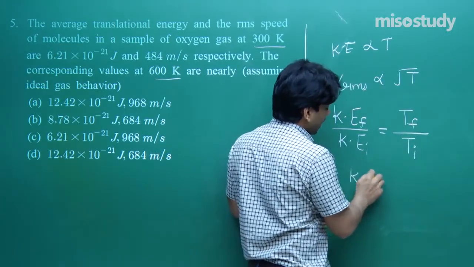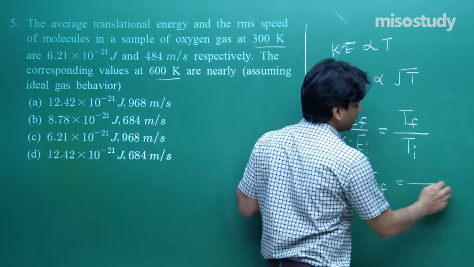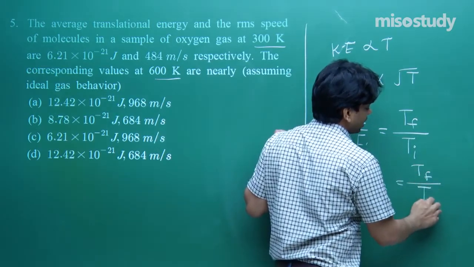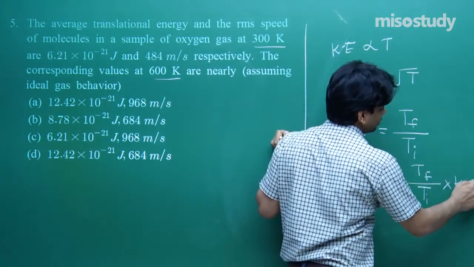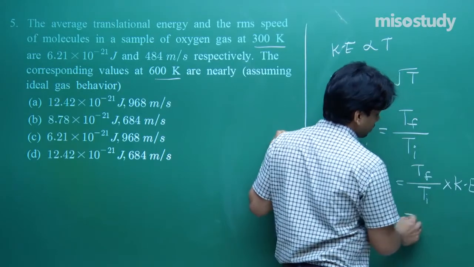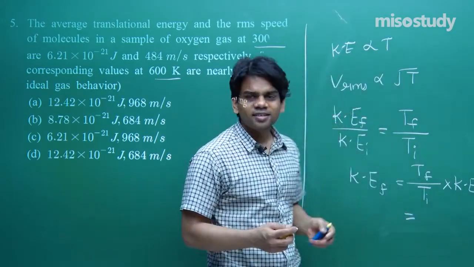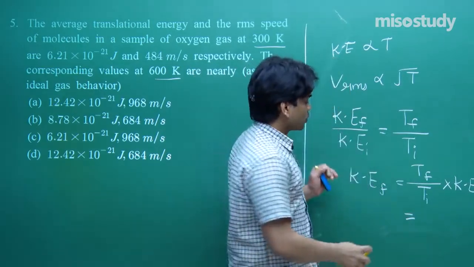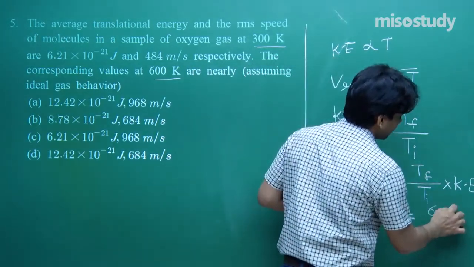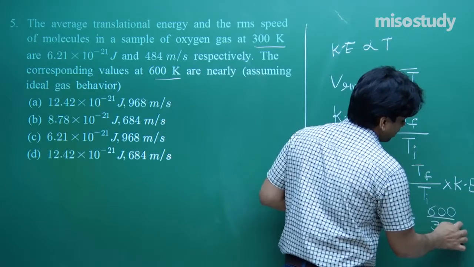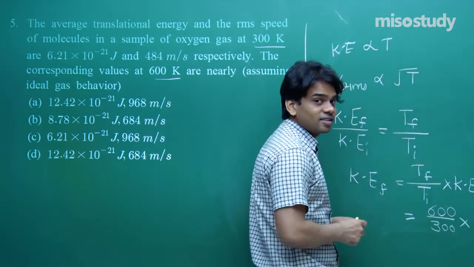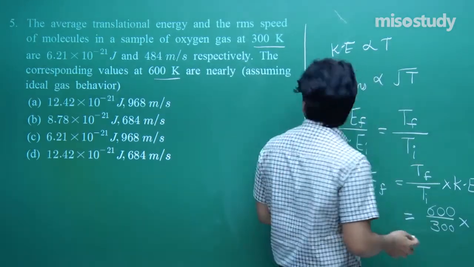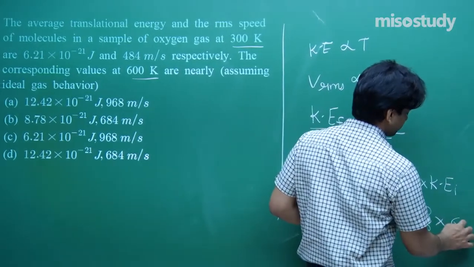So final kinetic energy will turn out to be final temperature divided by initial temperature into kinetic energy initial. Final temperature is what, 600, initial temperature is 300, that is what has been given. So 600 by 300 multiplied with kinetic energy, that is 6.21 into 10 to the power minus 21 joule.